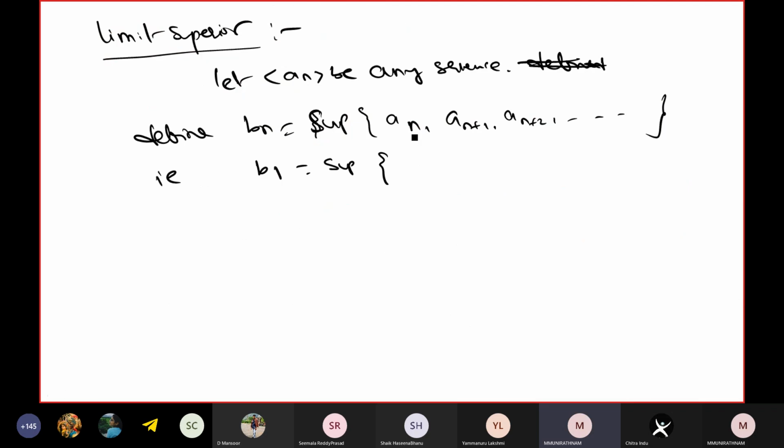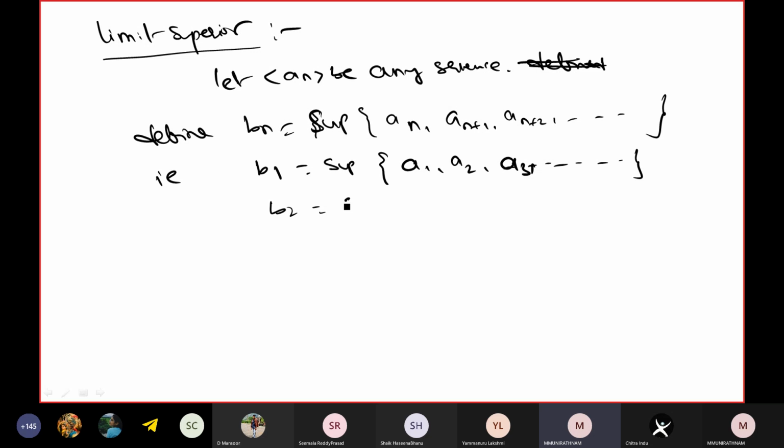Okay now. So, limit superior. Let a_n and b_n be any sequence. Define B_n as the supremum of a_(n+1), a_(n+2), and so on. That means B1 is the supremum of A1, A2, A3, and so on.